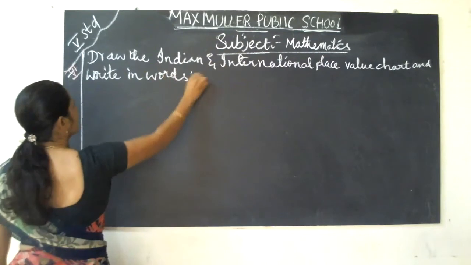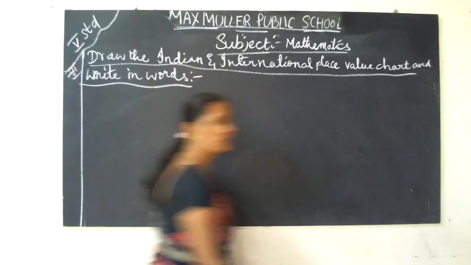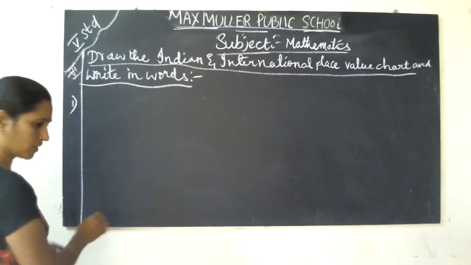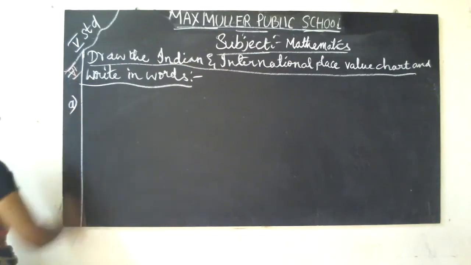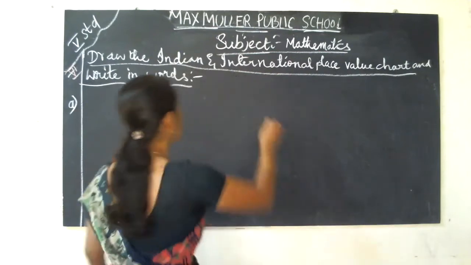Okay. First, one mark. Only one number I have given. For one number, both you have to draw. Both also you have to.